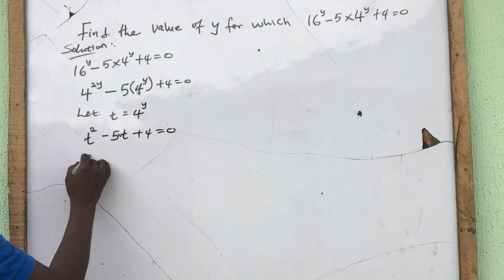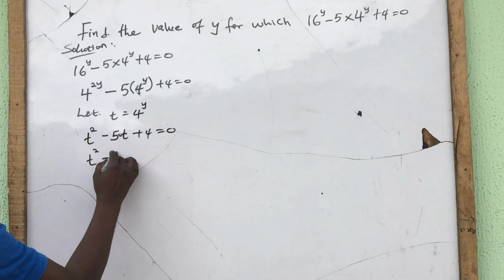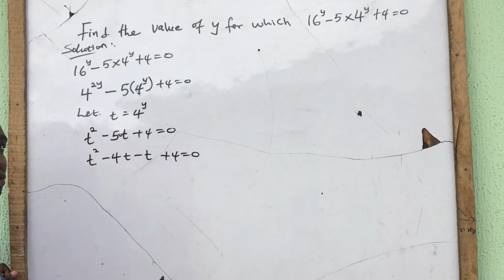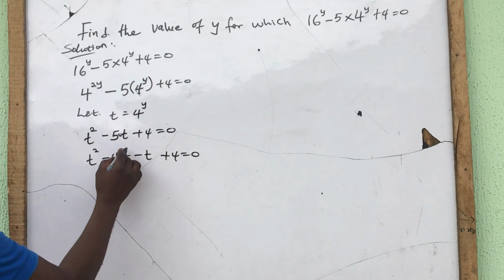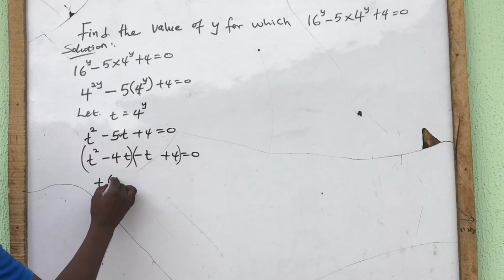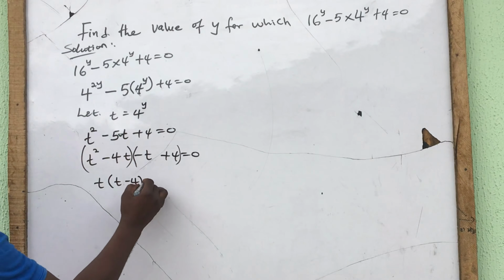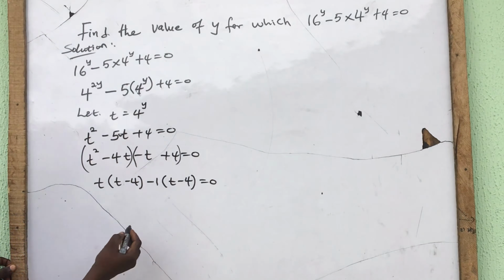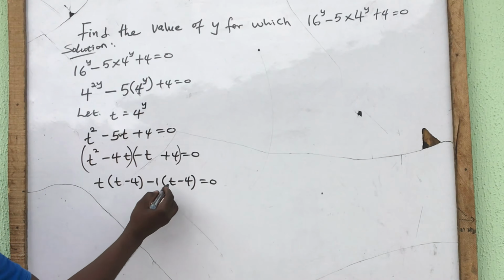From that, this is t squared minus 4t minus t plus 4 equals 0. With this, I can easily group this together, having t into t minus 4 minus 1 into t minus 4 equals 0. So t minus 4 is common.